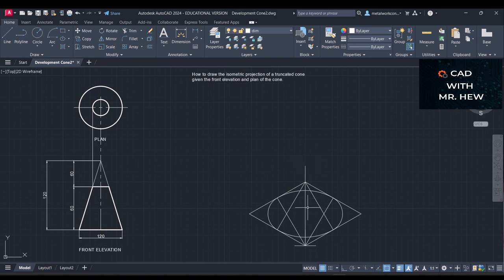All right, now there are different ways in which you can do it, but I'm gonna show you this way. What you're gonna do is draw from here another isometric square that is equal to 120 by 120.